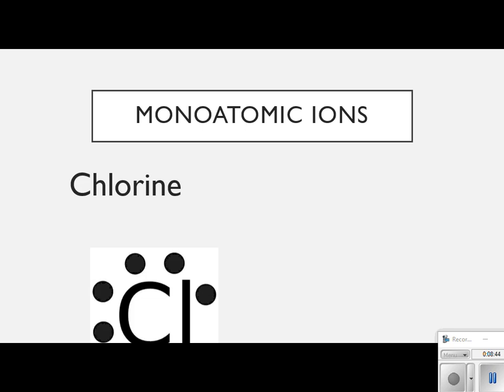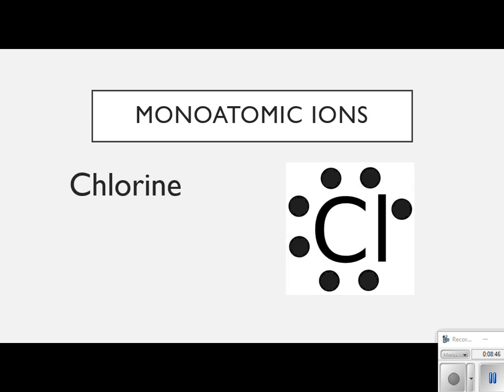Here is the electron dot notation for chlorine. We know that chlorine is 1 electron away from filling its outermost energy level, correct? So what nonmetals tend to do is they want to gain an electron. If chlorine gains an electron, it now has 17 protons and 18 electrons.